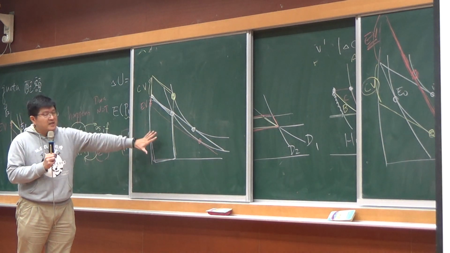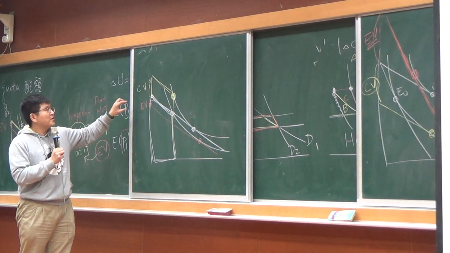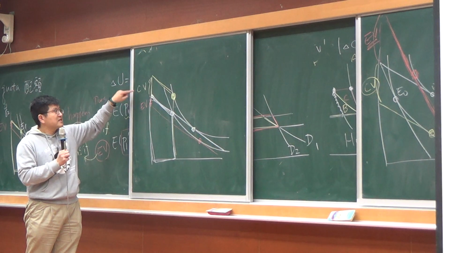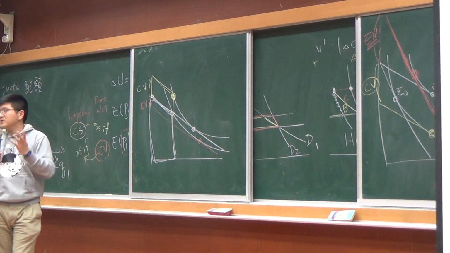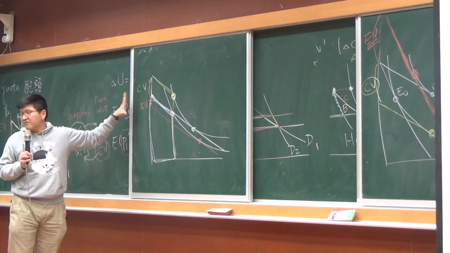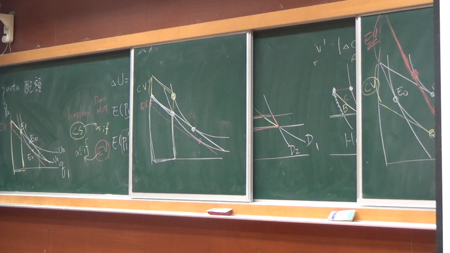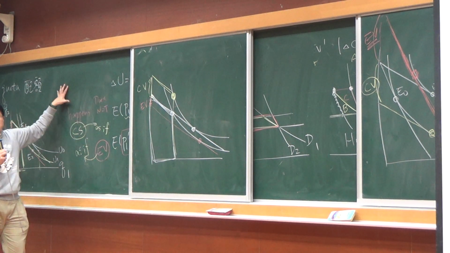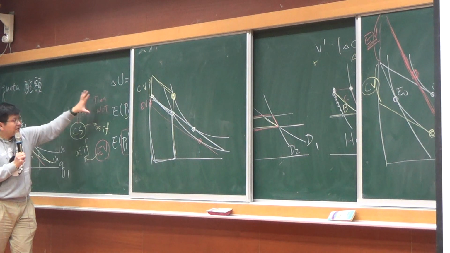It's an example, and we may apply the analysis to be familiar with CV and EV. I just want to introduce to you these two concepts for every policy. So for each policy, there are always some CV part and EV part. So before and after. Before the policy, after the policy.